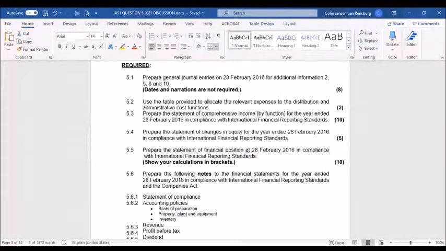What or where is a good place to start with your statement of changes in equity? What would you think would be your very first step? If you can type something for me there. What would be your very first step that you take when you are going to draw up a statement of changes in equity?